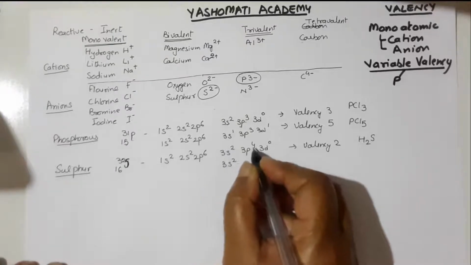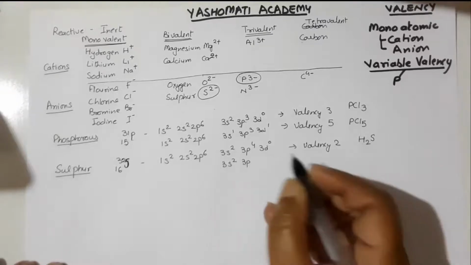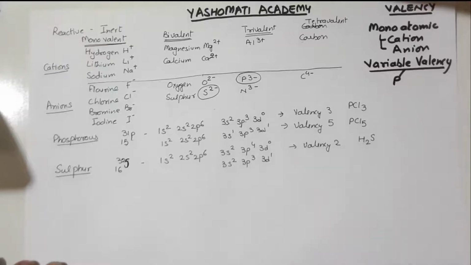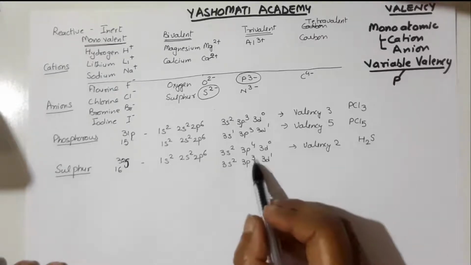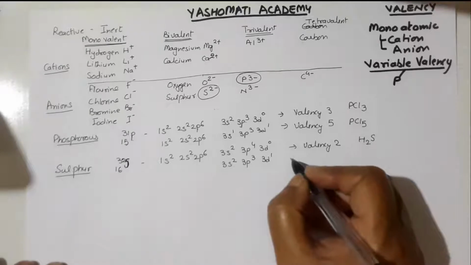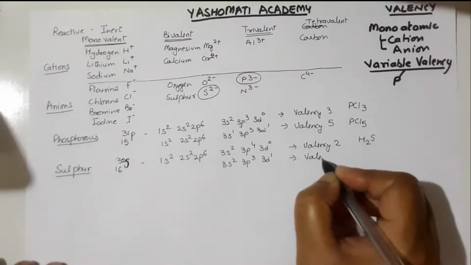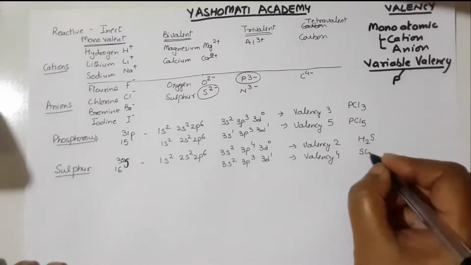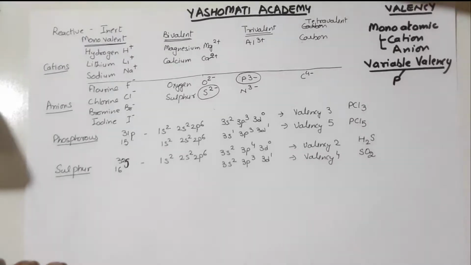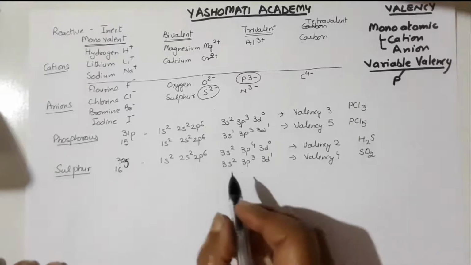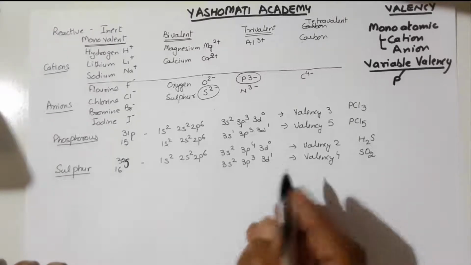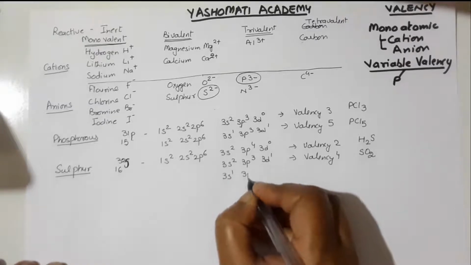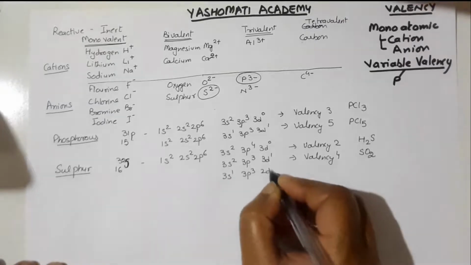Now here it is 3p4, but the electrons get unpaired and it forms a configuration like this. Now it is having 4 unpaired electrons, so it shows valency 4. And compounds like SO2 are formed, that is sulfur dioxide. Now this electron can also shift to give 3s1, 3p3 and 3d2.